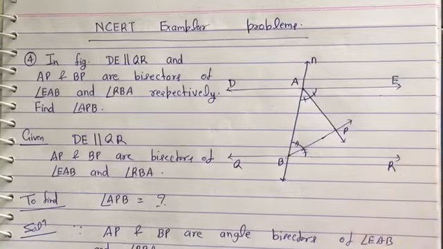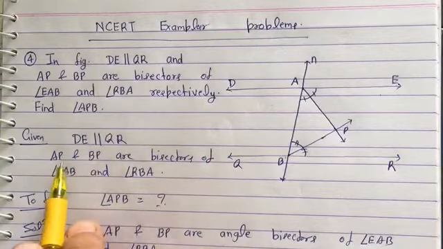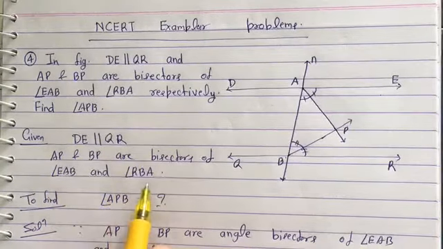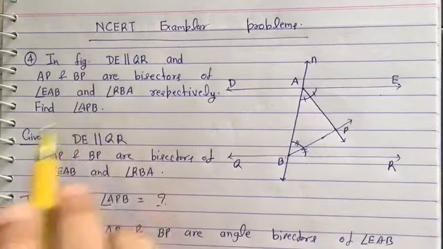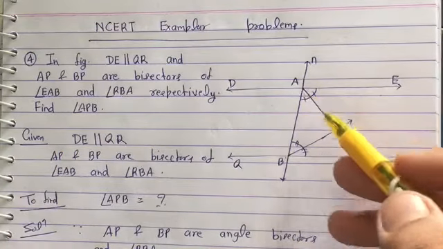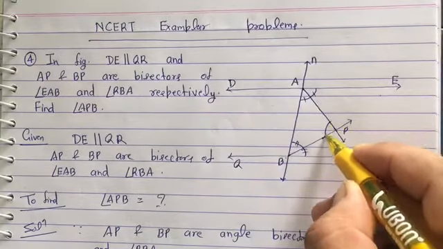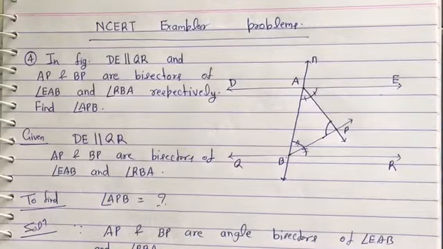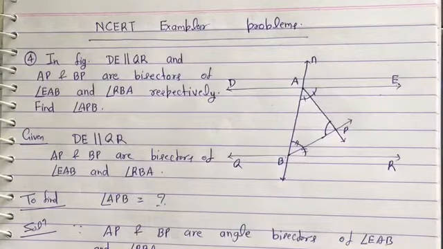Okay, so write down all the given things. DE parallel QR, AP and BP are bisectors of angle EAB and angle RBA, and what you have to find? You have to find angle APB, meaning this angle. Sometimes this question comes as a proof and sometimes as a solution.